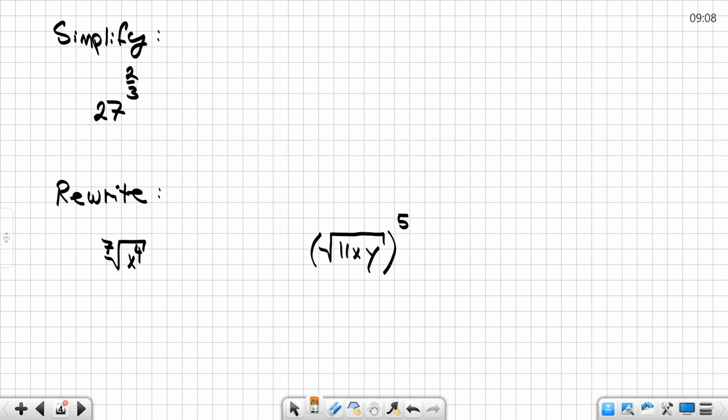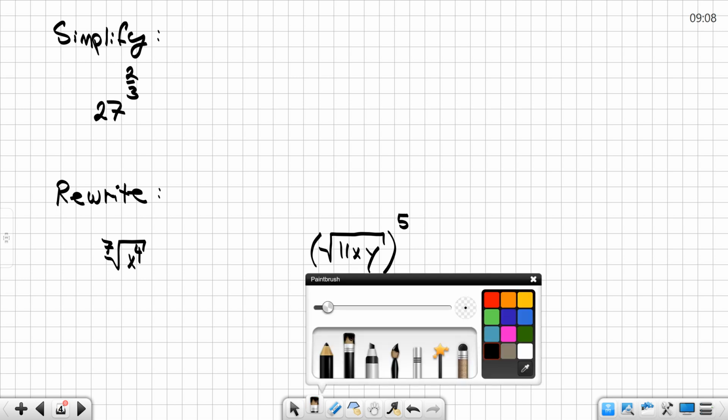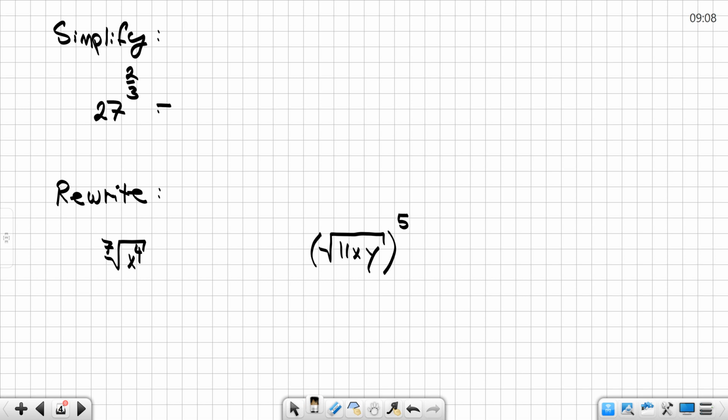All right, so let's go ahead and simplify some things. 27 raised to the 2/3 power. So what I will do, I will rewrite this. There is a 3 in the denominator right here, and that will turn into a cubic root of 27.